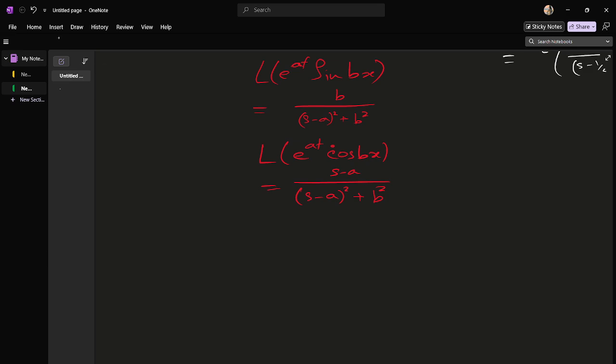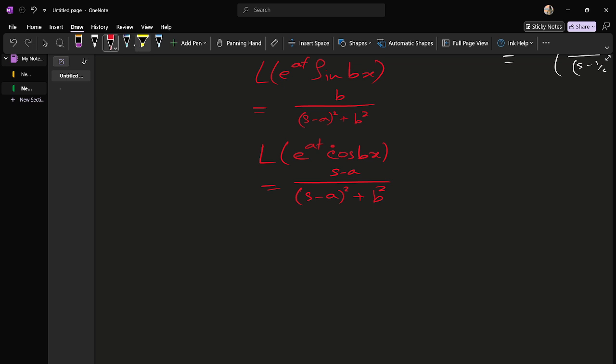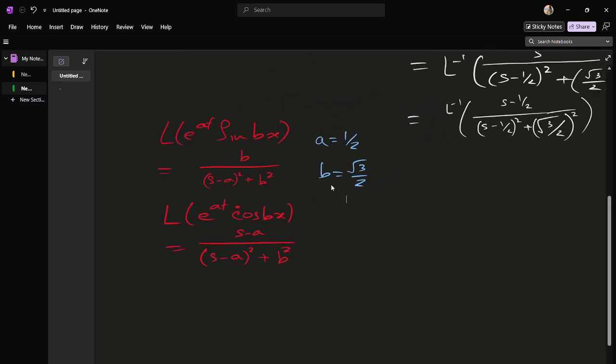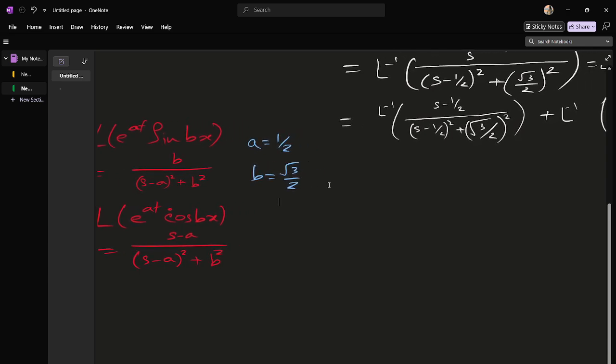If I say that a is half and b is root 3 by 2, then the magic happens.